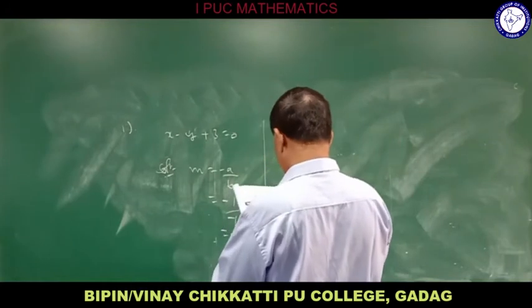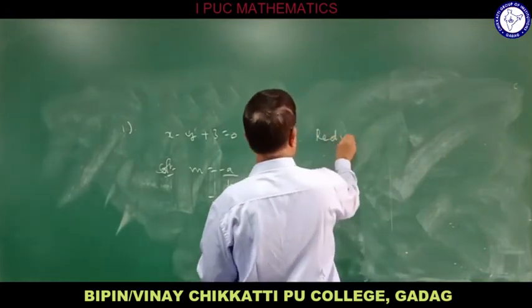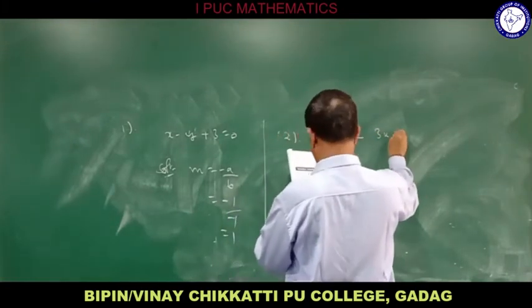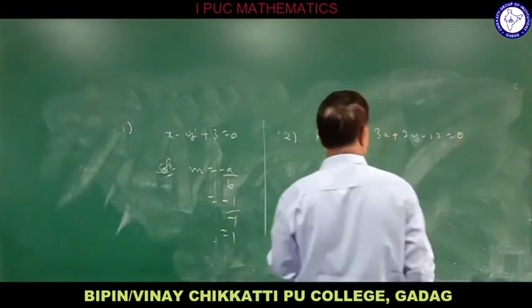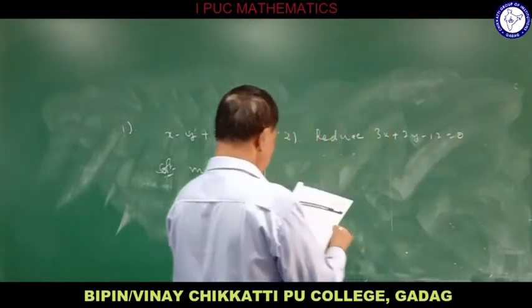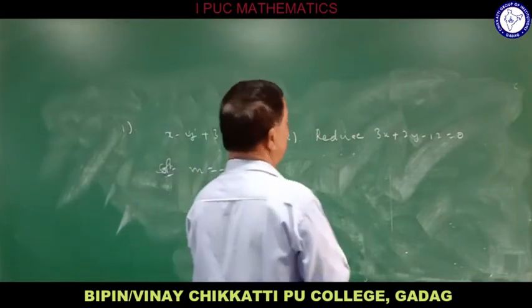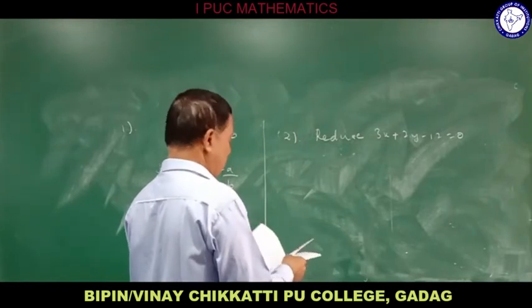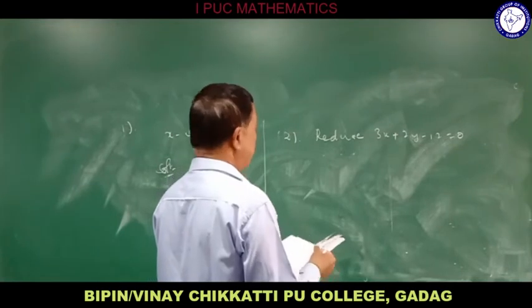Accordingly the question is: reduce 3x plus 2y minus 12 equal to 0. Already this problem I have done, taking this 12 to that side and dividing both sides by 12, and you will see the answer.